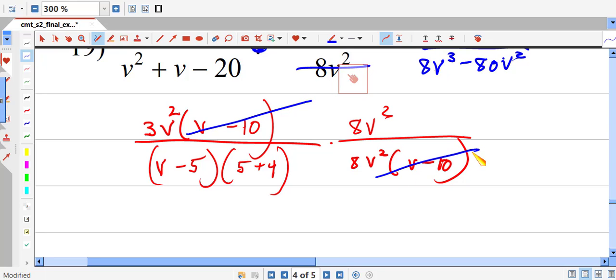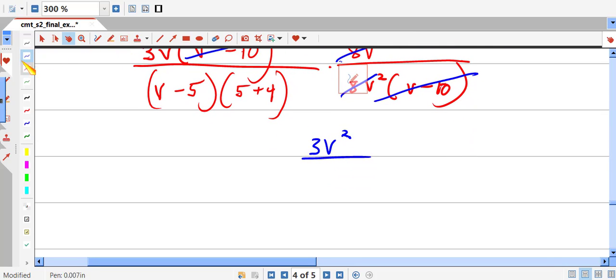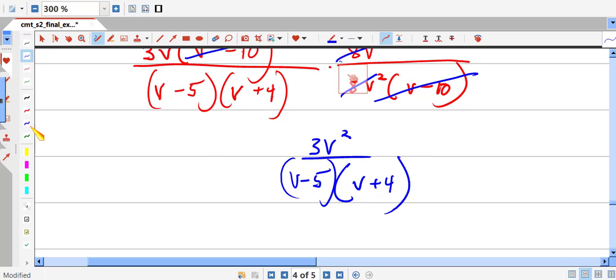The v minus 10s will cross out. The 8v squareds will cross out. And I think that's it. So that gives me 3v squared divided by the product of v minus 5, oops, I made a typo here, this is v plus 4, times v plus 4.